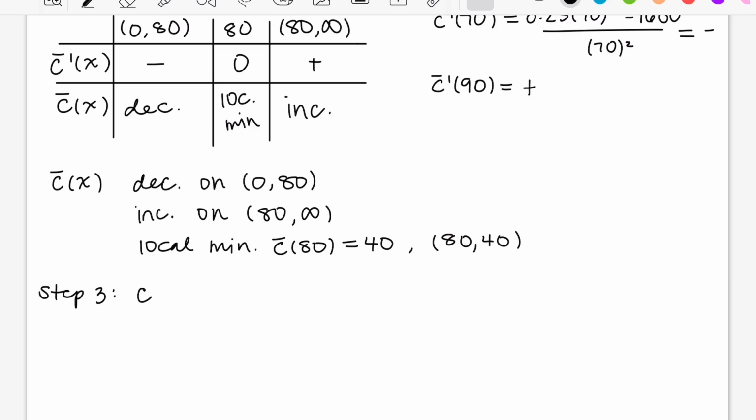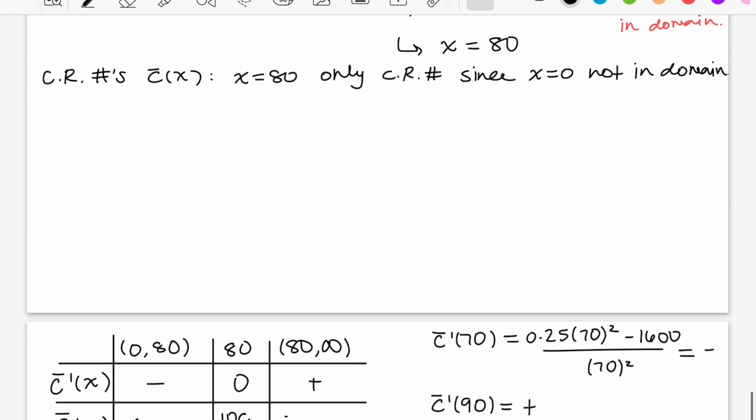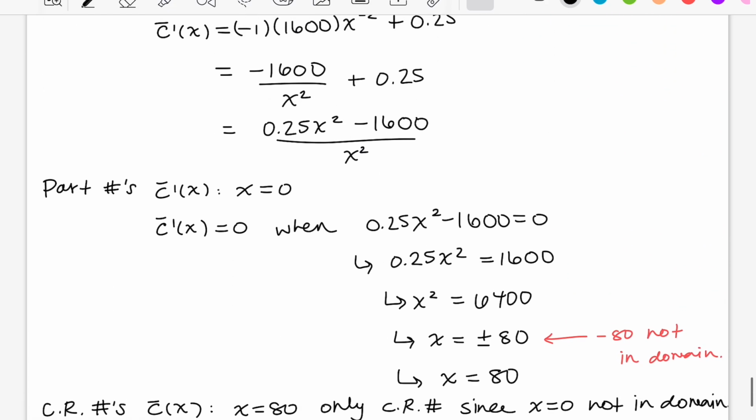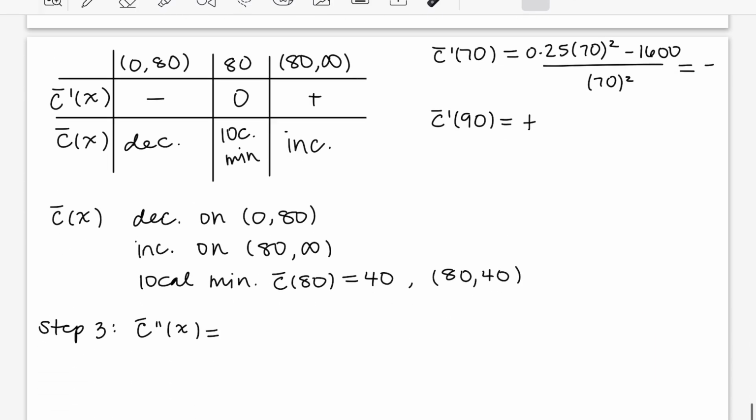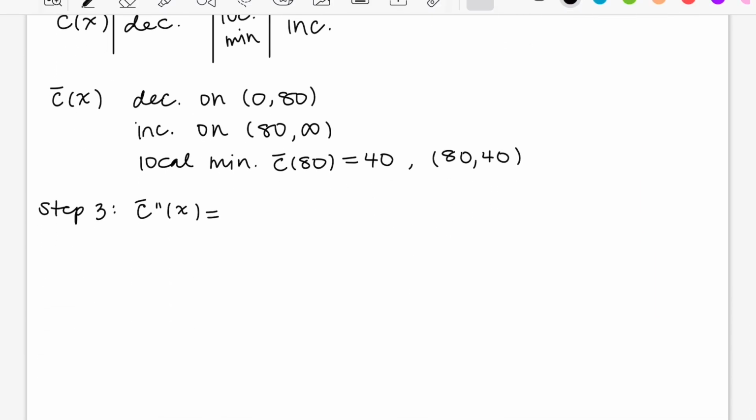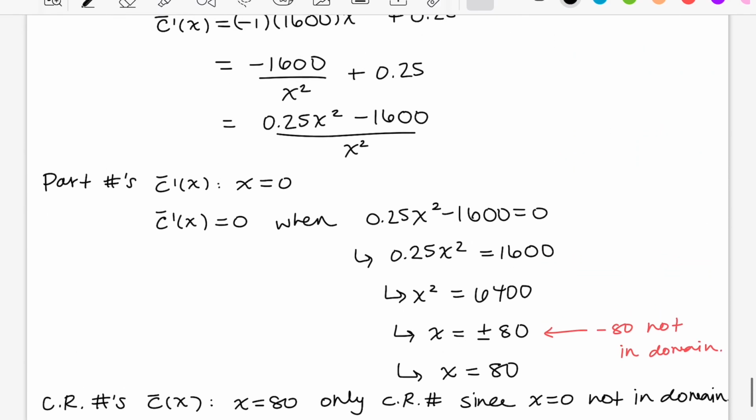Okay. So for this one, we're going to take the derivative of this guy, so I think we'll just use quotient rule here. So we'll do the bottom function times the derivative of our top function. So that'll be 0.25, so we'll just use power rule.